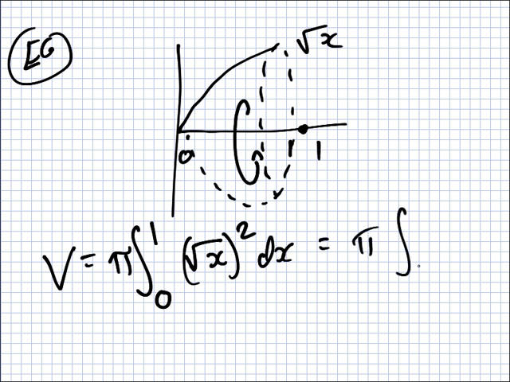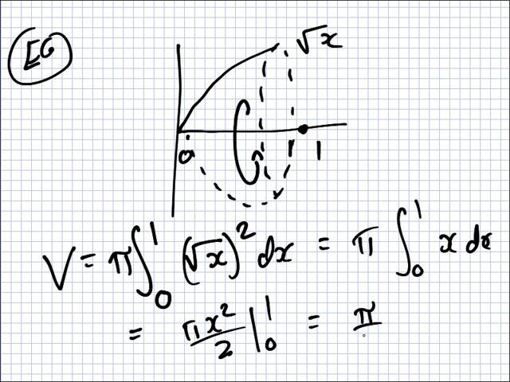That equals pi times... No, because you have to integrate. So it's pi x squared over 2, from 0 to 1. So the answer is pi over 2. Okay, you should write that one down.